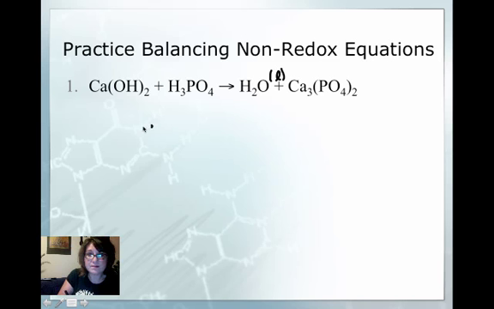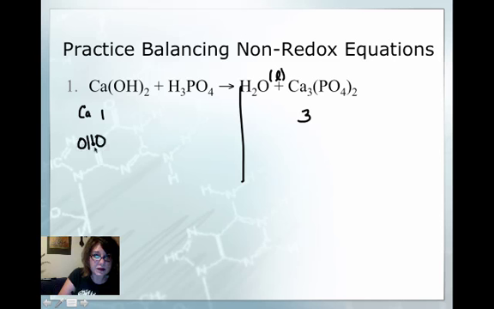Let's use a table. For calcium, I have 1 here and 3 here. And for hydroxide, that stays together, and I'll show you how right here. I'm going to change this to HOH so you can see where our hydroxide is.